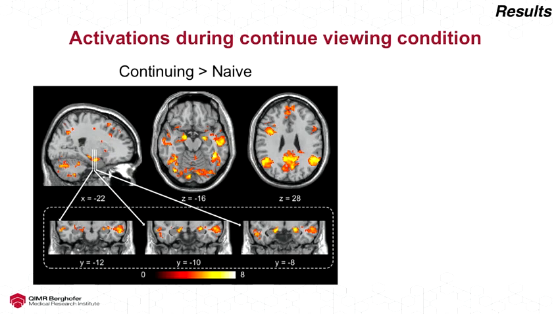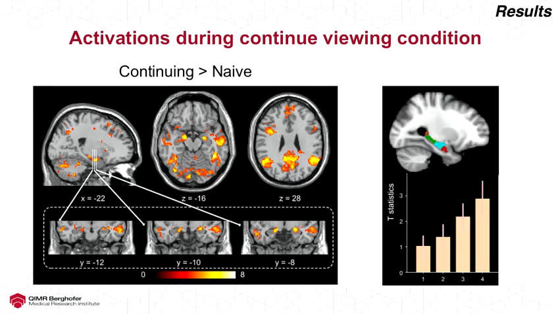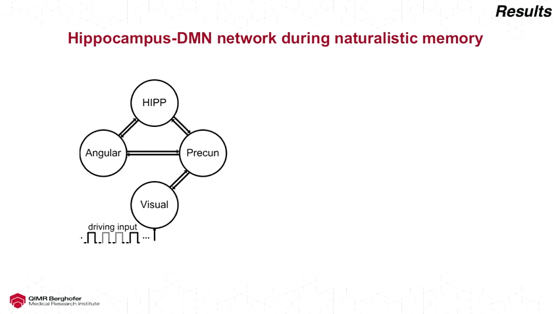We first did the good old general linear model analysis, and we found that the continued viewing condition significantly activates brain regions in the default mode network, such as the precuneus, angular gyrus, as well as the hippocampus. Interestingly, the activation in the hippocampus is highly biased towards the anterior portion of the hippocampus. Then we asked, how does the anterior hippocampus interact with the default mode network regions?